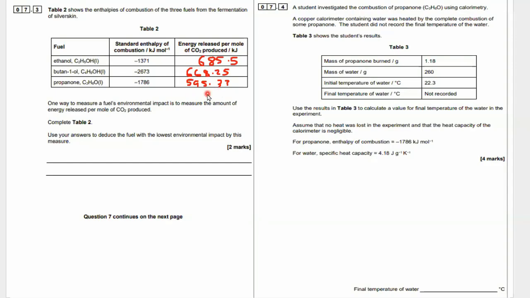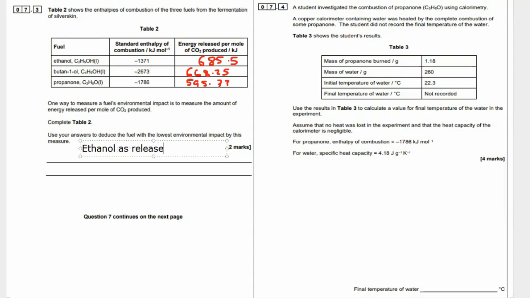Well, that's a bad thing, because if I'm burning propanone in a car, I'm getting less energy for each bad carbon dioxide molecule I release, or each harmful CO2. With ethanol, I'm getting a lot more energy for every CO2 released. So I'll have to burn less fuel to get the energy needed. So the best and least harmful is going to be ethanol.